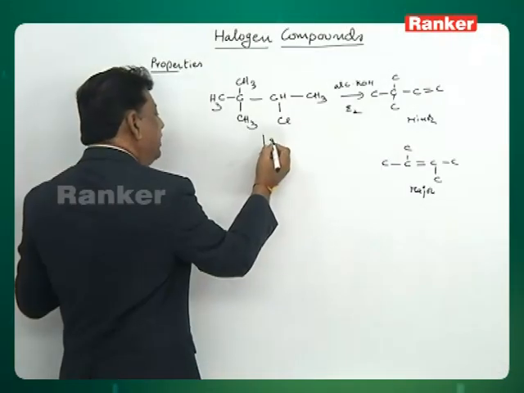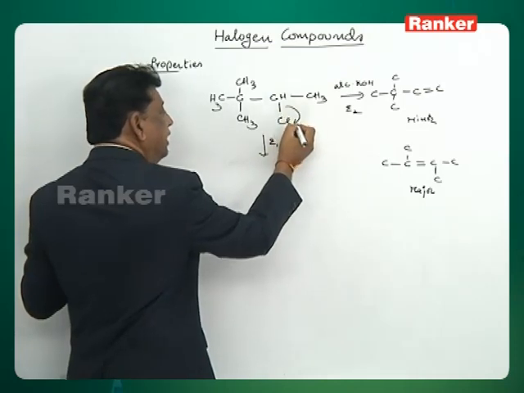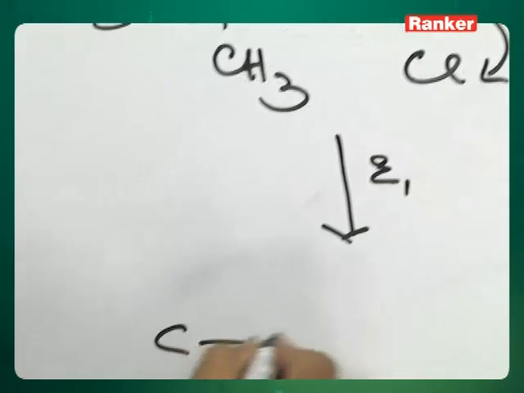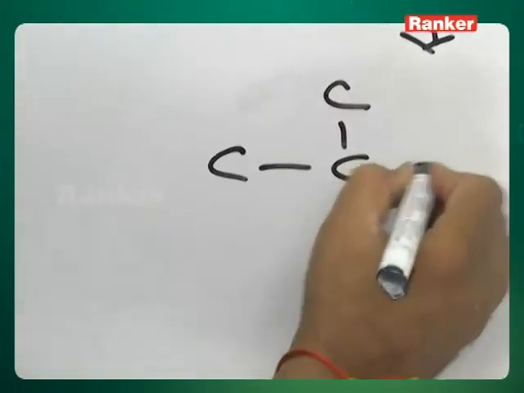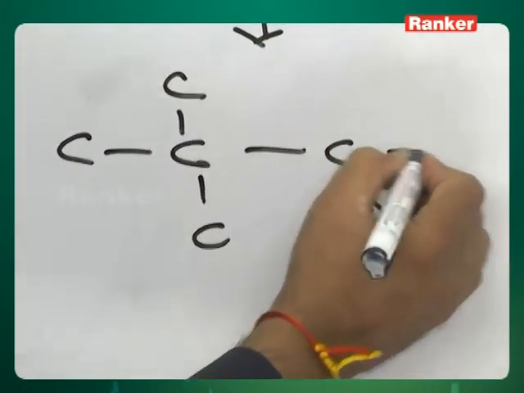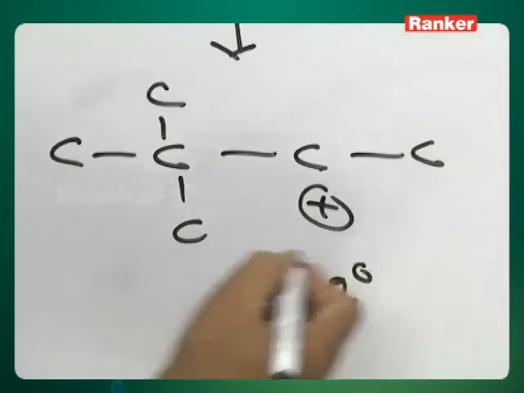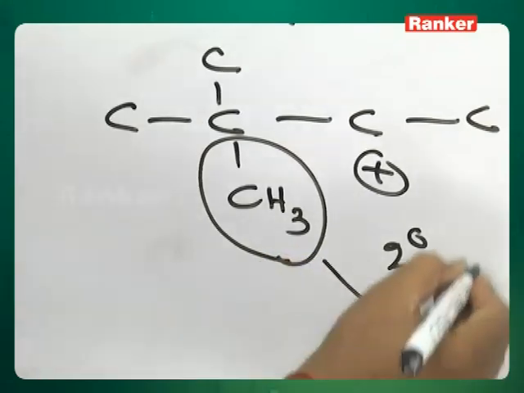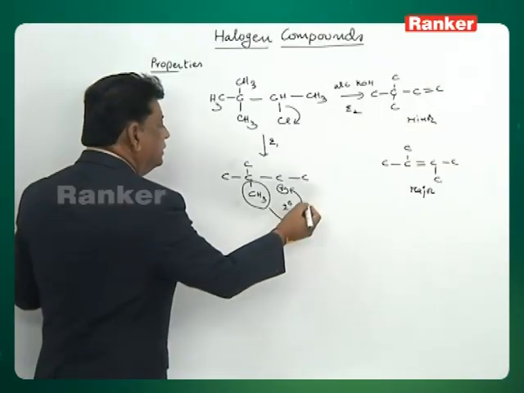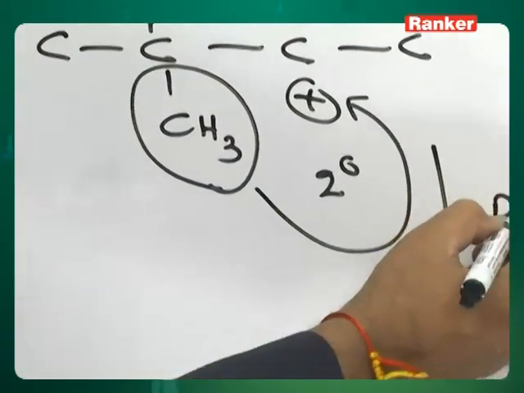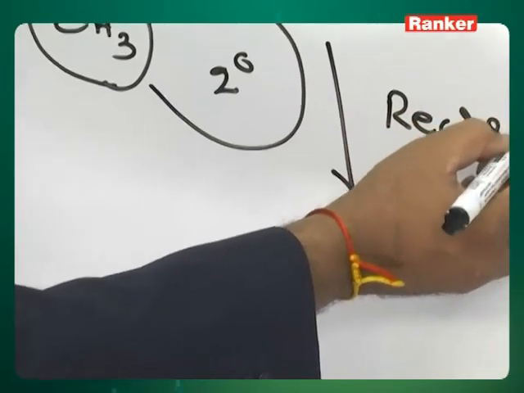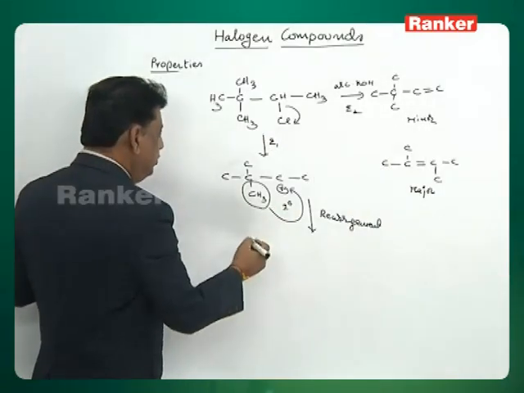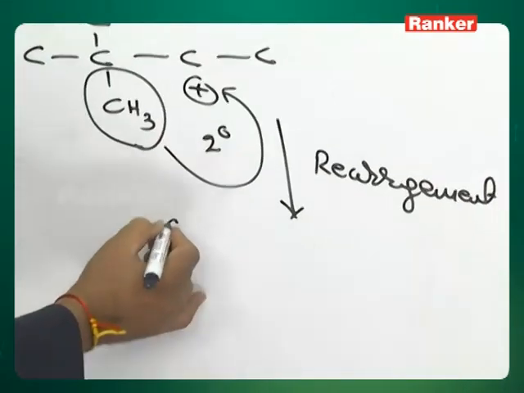But sometimes if E1 is allowed, first Cl minus is going out, and then you will get a carbocation, which is a 2 degree carbocation right now. But if this CH3 group with 2 electrons is shifted to this carbocation, I call the step a rearrangement step. In this rearrangement, the achievement is that 2 degree is going to become 3 degree.